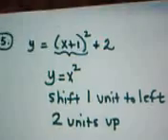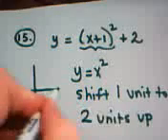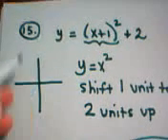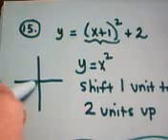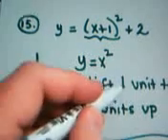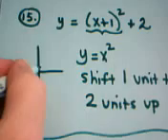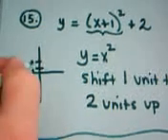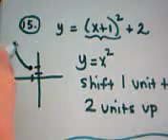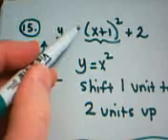So basically, if I was creating this graph, I would take my basic parabola, and you know the basic parabola has its vertex at the origin. If I move that vertex by going 1 unit to the left and 2 units up, my vertex is now here in quadrant 2, and of course the graph still has the same basic width because we haven't altered what was in front here.